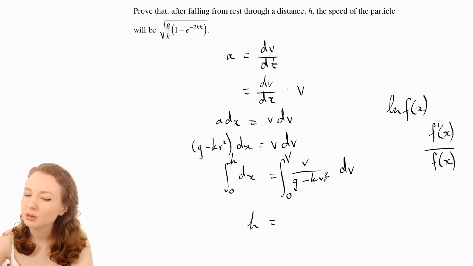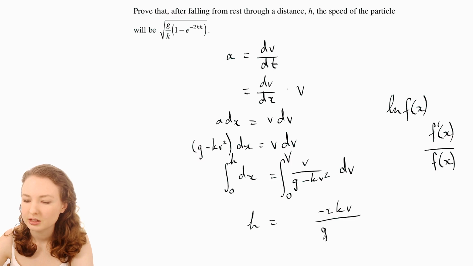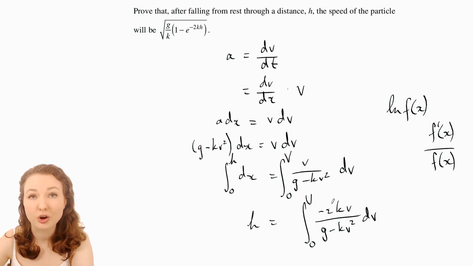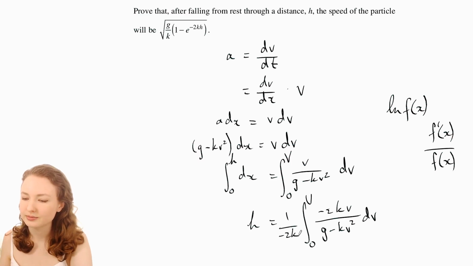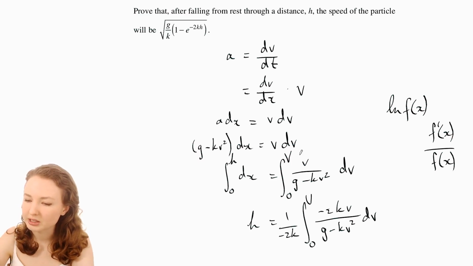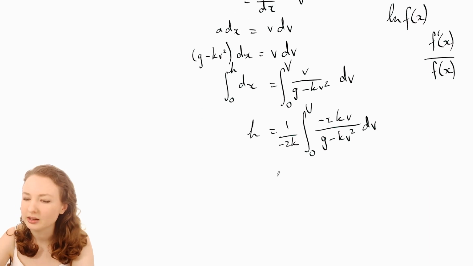So we've almost got something like that, because the derivative of that is negative 2kv. So if we just imagine that that is what we had, but I've added this bit in, to compensate for that, we need to divide by it. So this is now the same as that, but now it's in this nice form. So we can integrate that quite easily.